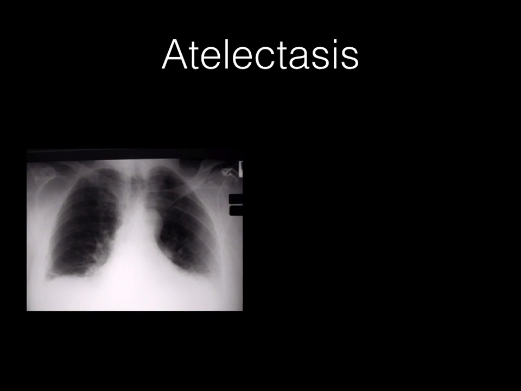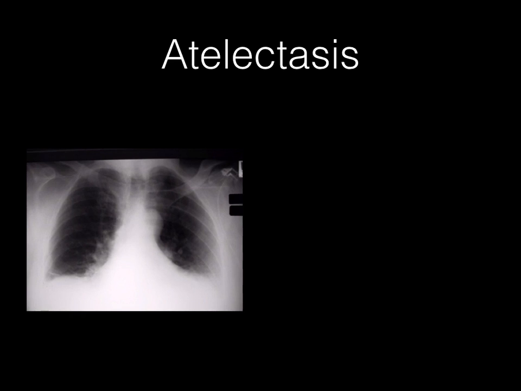Atelectasis can be bilateral basal, in which case the hemidiaphragms appear elevated, or there is poor visualization of both hemidiaphragms. For example, in this particular X-ray, you can see that the hemidiaphragms and the cardiac shadow appear as if it is buried within the diaphragms, and the diaphragms appear a lot more elevated than normal. This is basically because of bilateral basal atelectasis.